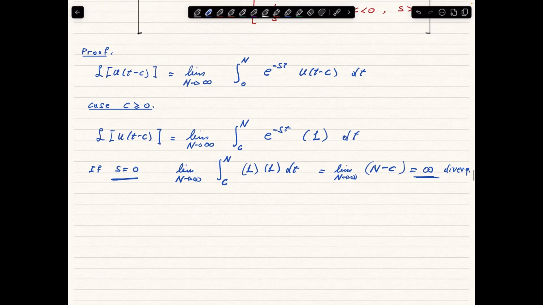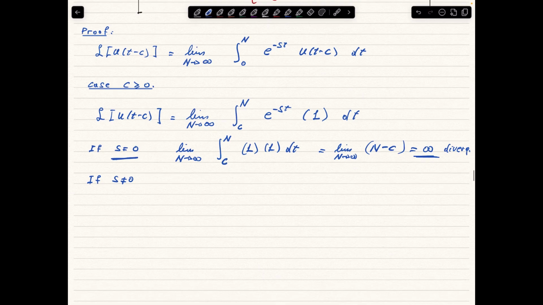So we consider the case s different from 0. And now you know why we did that, because when we compute the Laplace transform of u t minus c, and recall we are now here, this is the limit as capital N goes to infinity of the integral from c to n of exponential negative st dt.